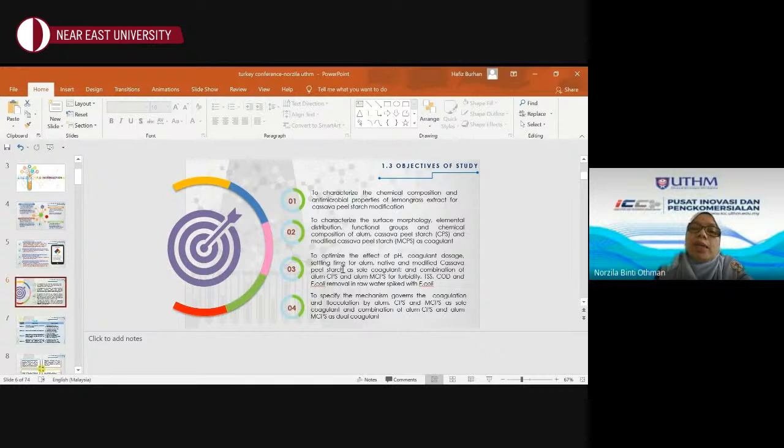Thirdly, to optimize the effect of pH, coagulant dosage, and settling time for alum, native and modified cassava peel starch as sole coagulant, and combinations of alum CPS and alum MCPS for turbidity, total suspended solids, COD, and E. coli removal in raw water that is spiked with E. coli. The fourth objective is to specify the mechanism that governs the coagulation and flocculation.